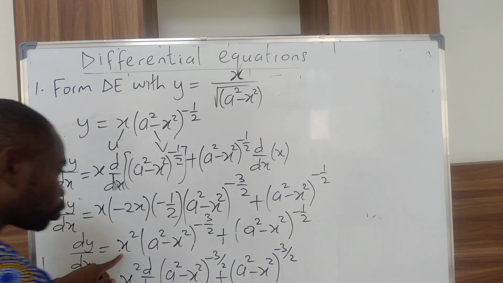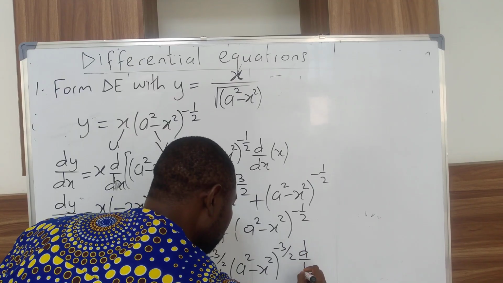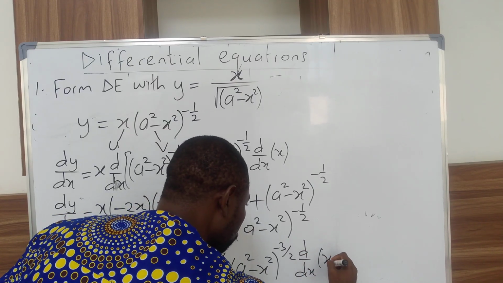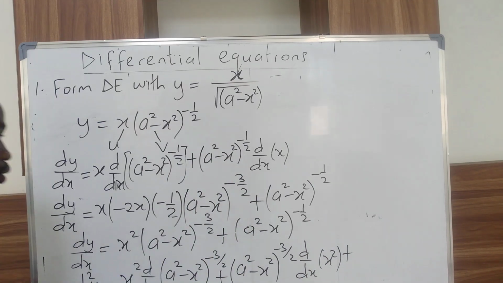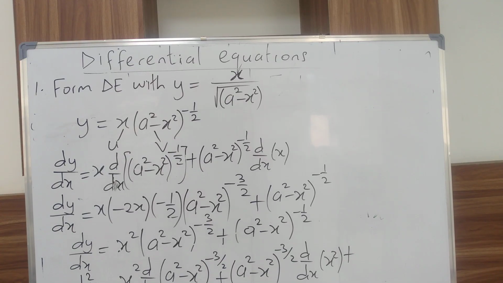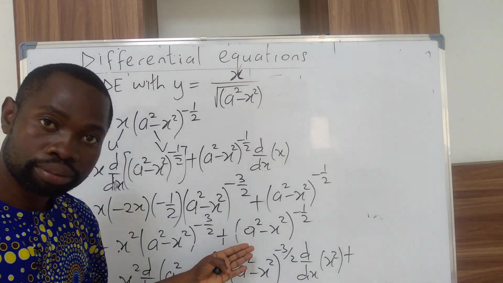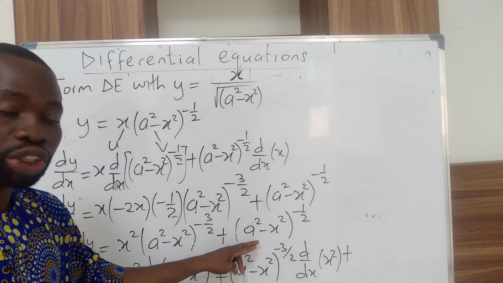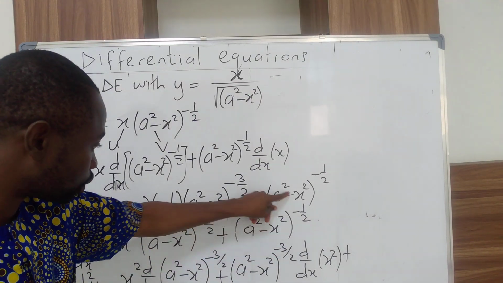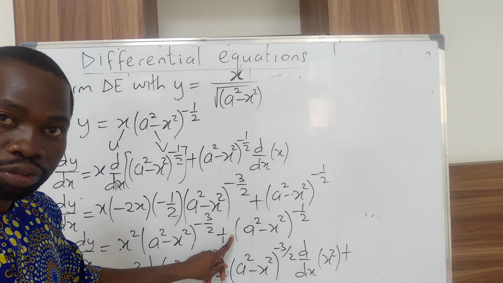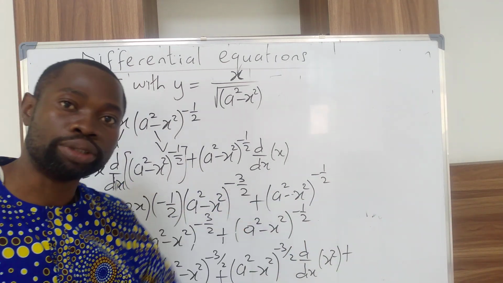I will now differentiate x squared, d/dx of x squared, then plus, this one is just one function, so I will just apply the general formula of differentiation, which is bring this minus half to multiply the coefficient, then remove 1 from the power.